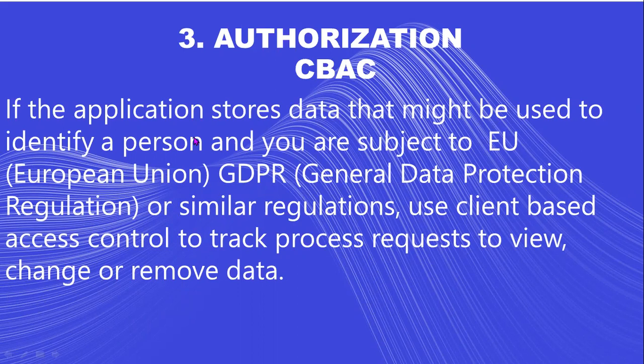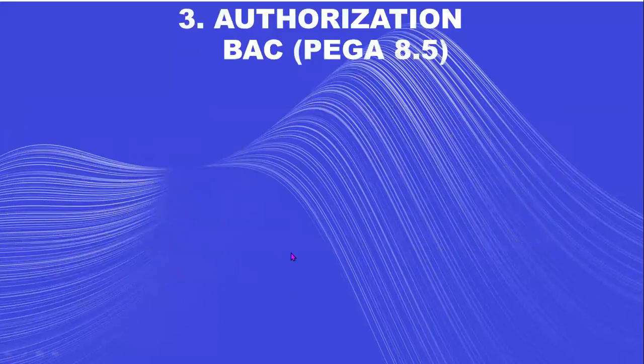Or similar regulations, use client-based access control to track process requests to view, change, or remove data. So based on the General Data Protection Regulation, every application must follow some client-based access control specific validations, which can be implemented through the CBAC.